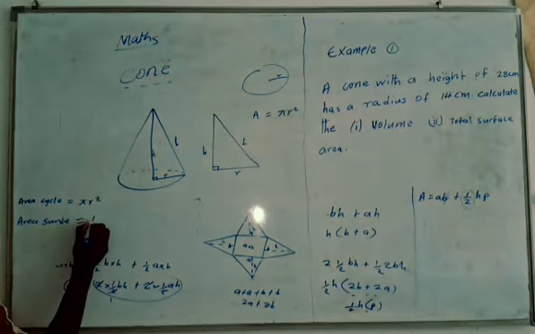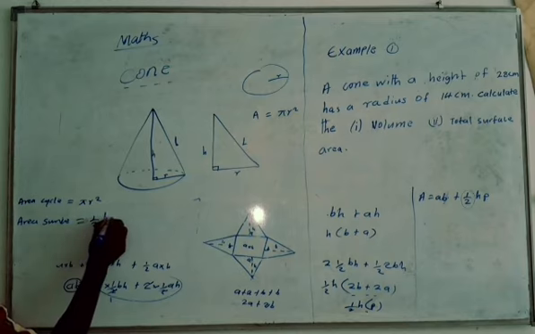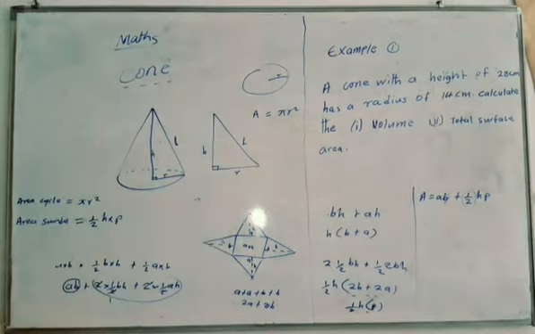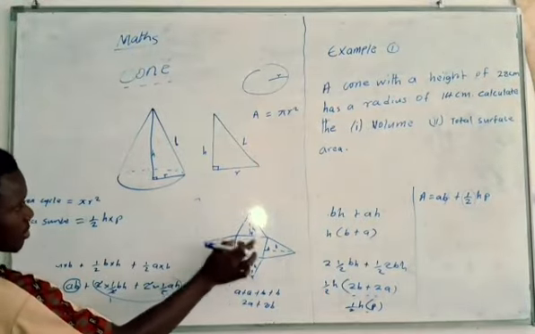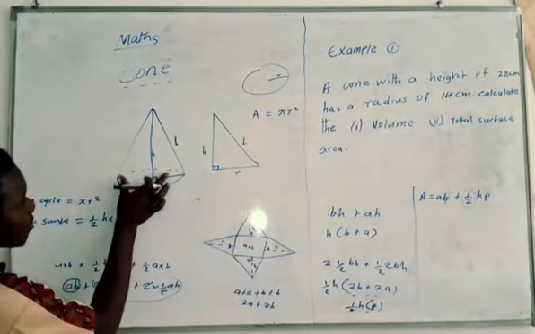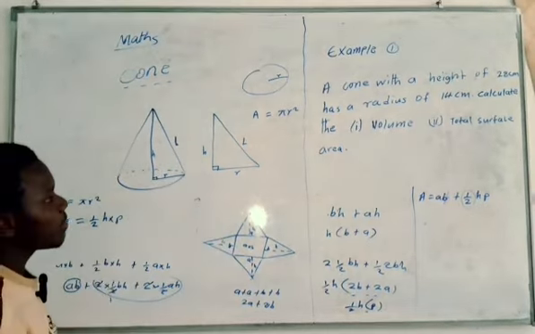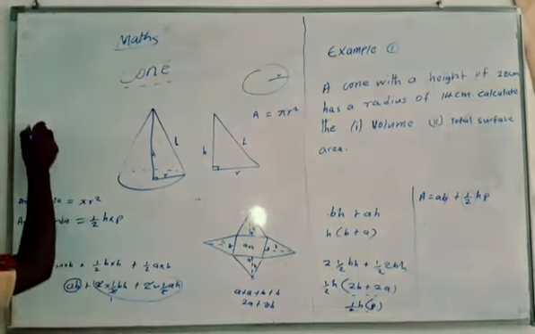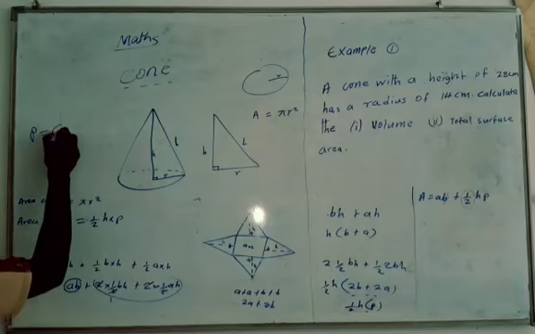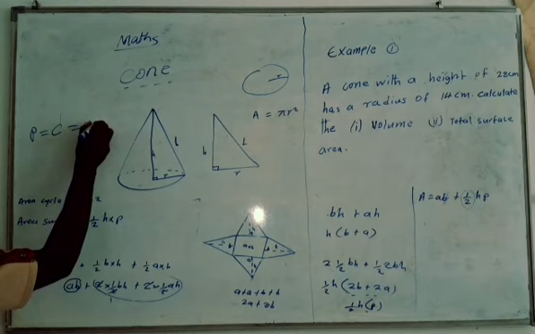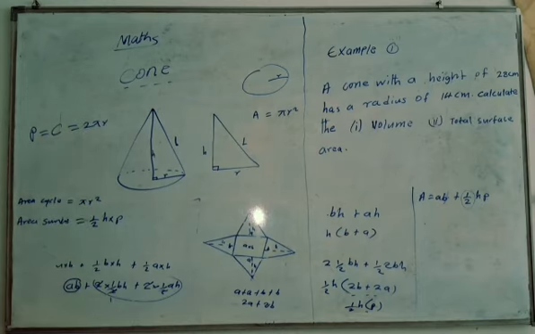So that will give us half height times the perimeter. But what's the perimeter of a circle? Because here is not a rectangle. This one is a rectangle, but for now we have a circle. So the perimeter of the circle is the same as the circumference of the circle, which is equal to 2 pi r.